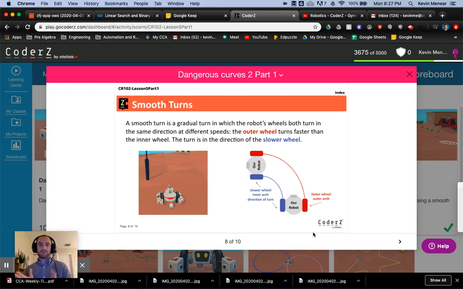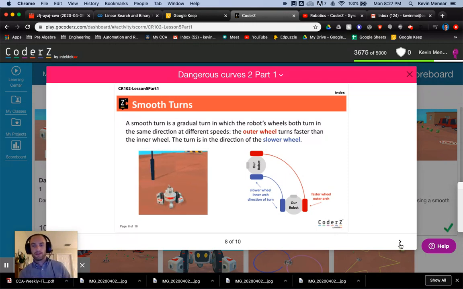No, generally speaking, you'll have the inner wheels going slower than the outer wheels, and you turn smoothly in a car. So this is much more like what you guys are probably used to. In this case, the slower wheel is the inner wheel, and you'll turn in the direction of that slower wheel, and the outer wheel is the faster wheel.